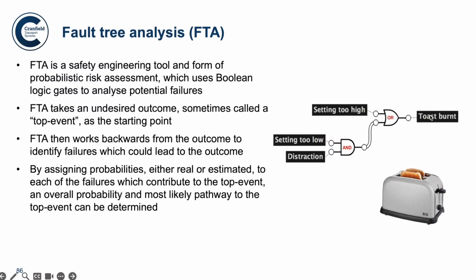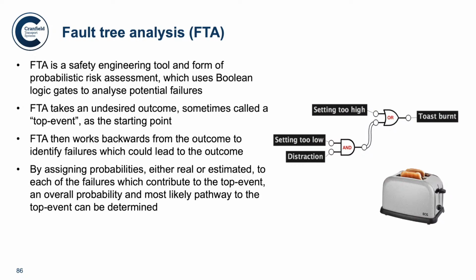Over here, what we have is me making the setting too low initially, and then getting distracted, and that's this AND gate here. If both of those two things happen, then we can feed into this. Either of these can happen, and then we end up with the toast being burnt. Like I said, this is a really clunky, simplistic example, but hopefully for those of you that have never come across fault tree analysis before, it'll give you an idea of how they work.